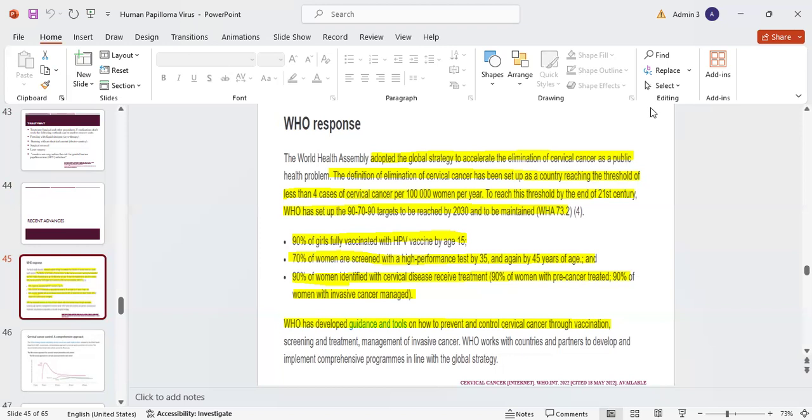WHO has developed guidance and tools on how to prevent and control cervical cancer through vaccination, screening and treatment, and management of invasive cancer. WHO worked with countries and partners to develop and implement comprehensive programs in line with the global strategy.